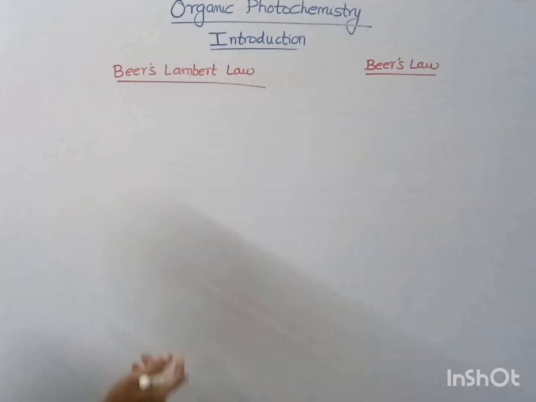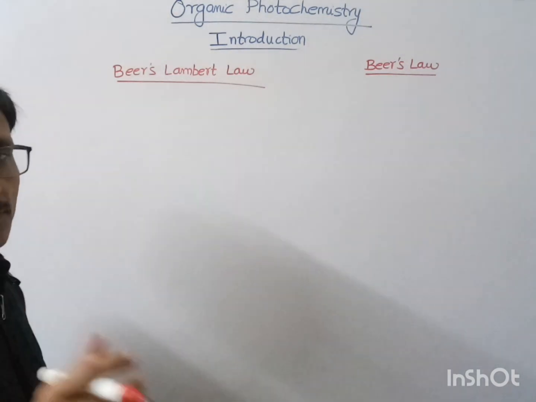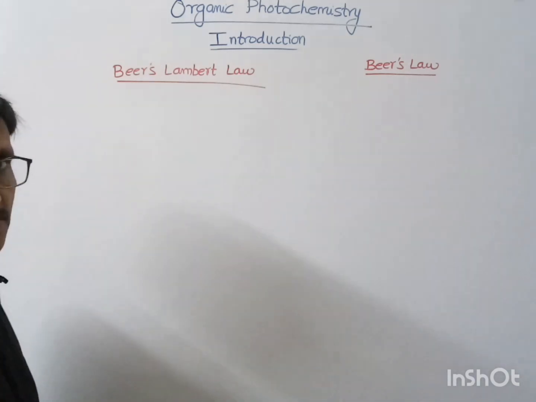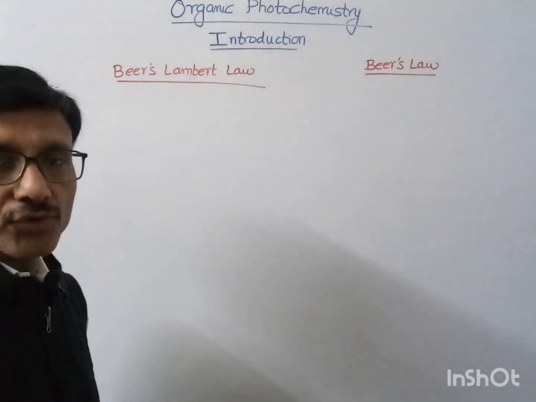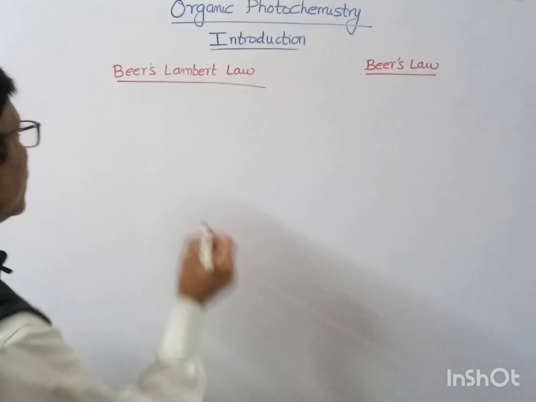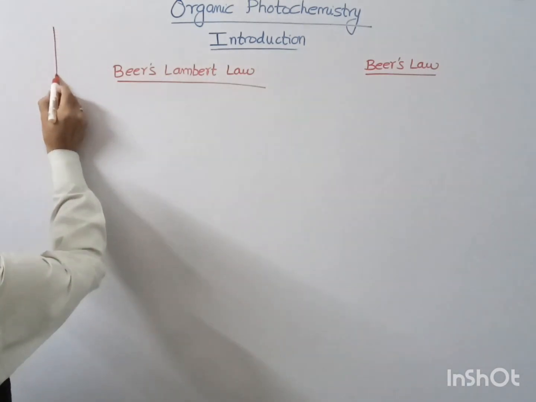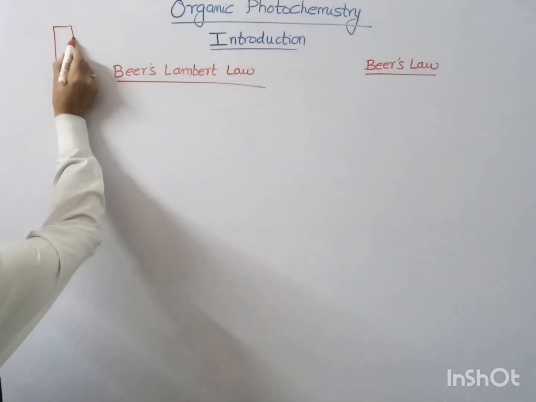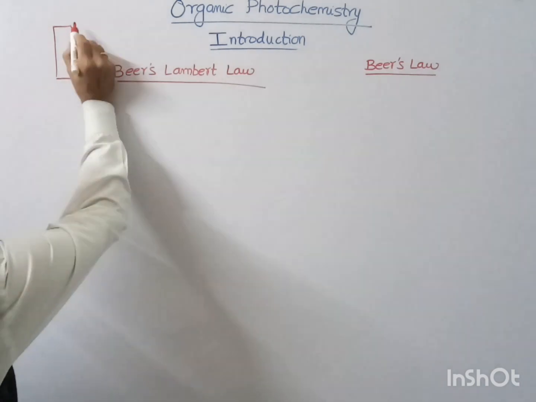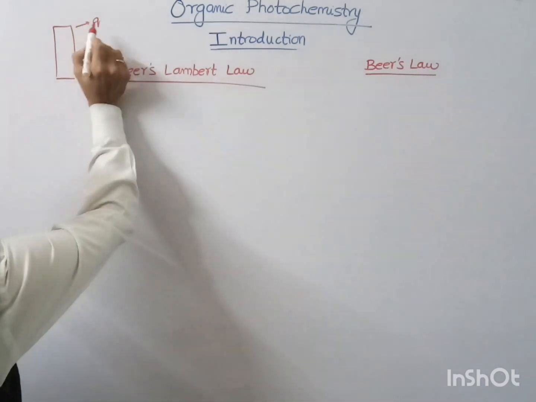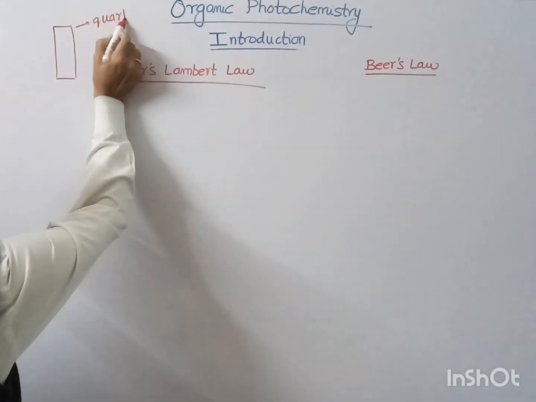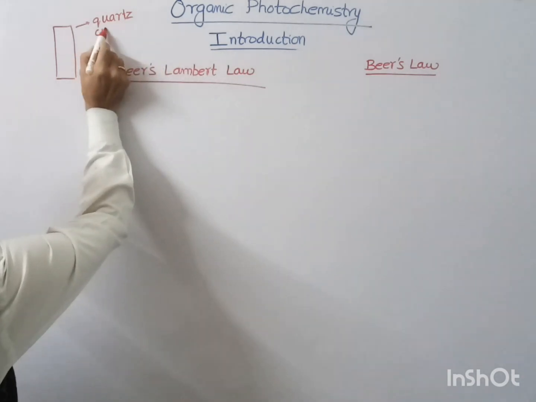Then we put that solution in a sample cell, and we keep this sample cell in a UV visible spectrophotometer. Suppose this is a sample cell, and it is made up of quartz. It is called a quartz cuvette.